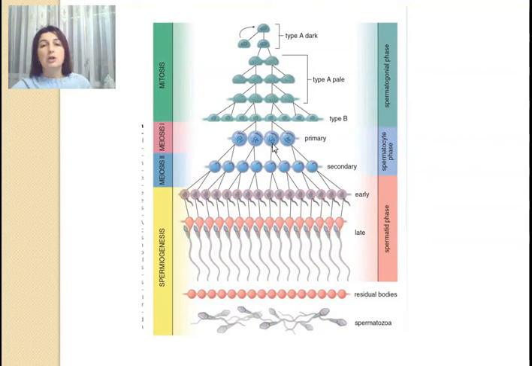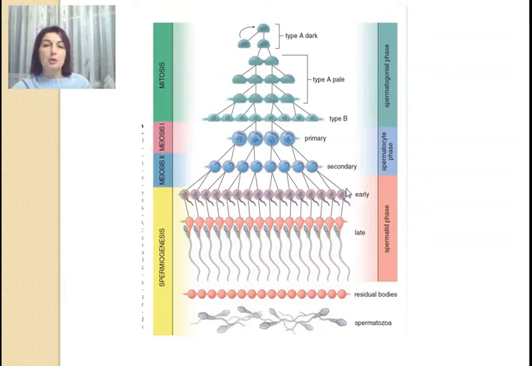Then they enter meiosis, first division of meiosis, and they form secondary spermatocytes. And the secondary spermatocytes will again divide by meiosis 2, and they form early spermatids.